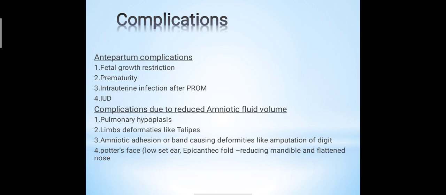Because of chronic hypoxia, IUD occurs, and with premature rupture of membrane, if labor is established, then a premature baby is delivered. If not established immediately, if it takes a long time, then intrauterine infection occurs, called chorioamnionitis. So these are the antepartum complications.